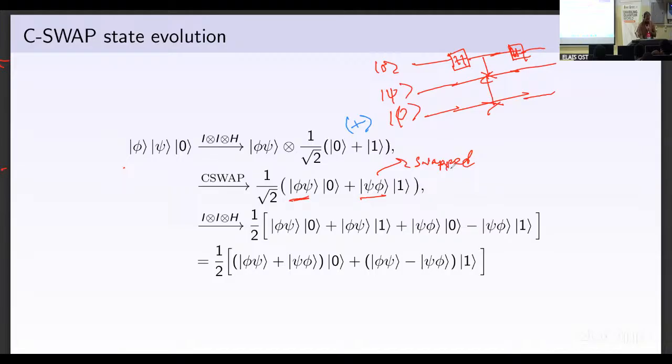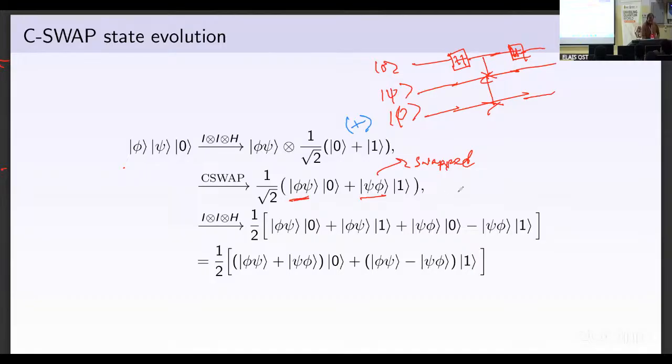So we have 1 by root 2 (psi phi psi 0 plus psi phi 1). We apply the Hadamard again. What this does is it further superposes the state, and the 1 by root 2 goes to half because another 1 by root 2 is multiplied to it.